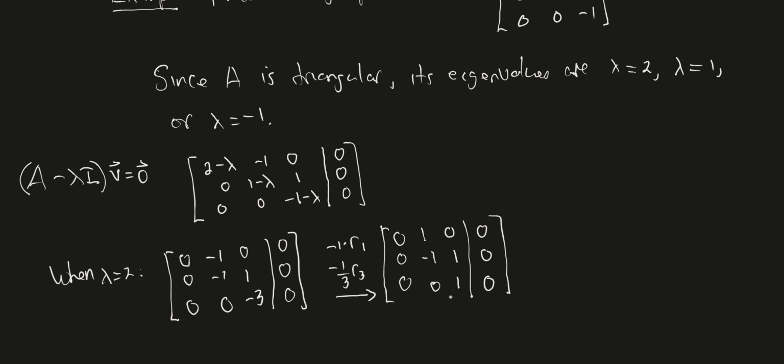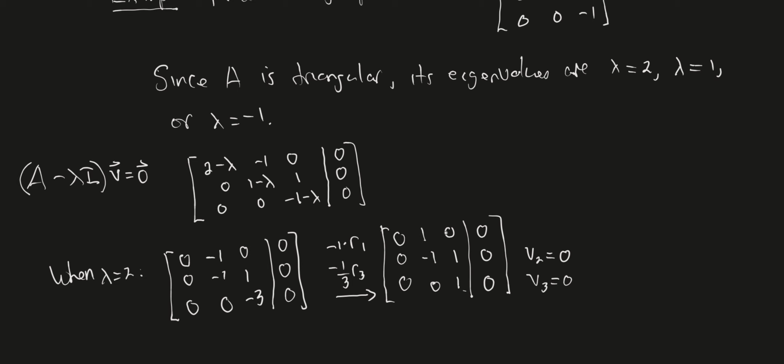All right. So what does this tell me? This tells me that V3 has to be equal to 0. And then this equation tells me that V2 has to be equal to 0, which is the same information from the first row.